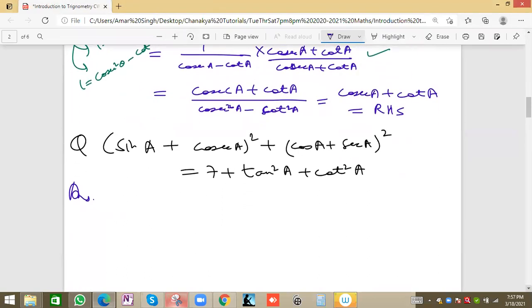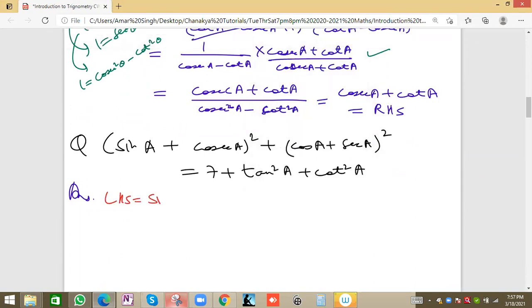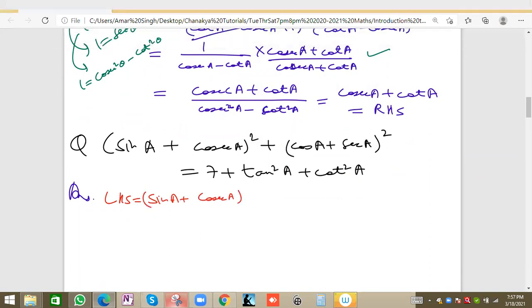Let me solve this step by step. On the left hand side we start with sin A plus cosec A whole square plus cos A plus sec A whole square.